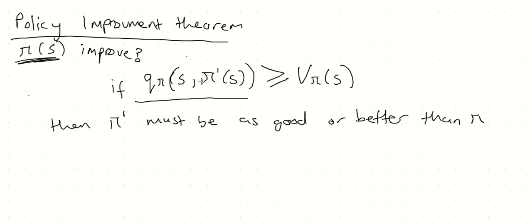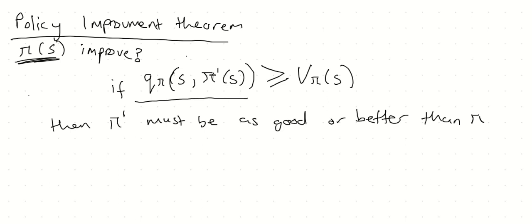Of course you might ask yourself that we only changed the policy in one state. Let's say it's better in that state, but does it actually follow that this theorem would hold in all of the other states where we didn't change the policy?